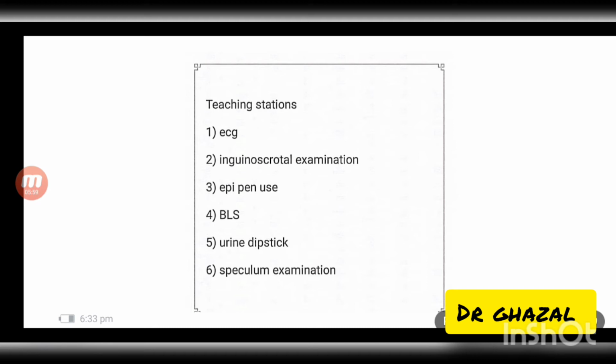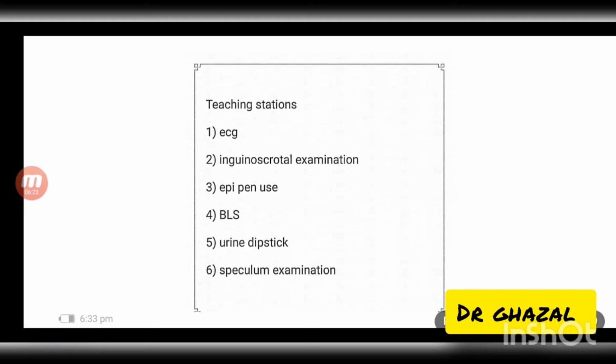And then number 3, there could be a scenario where a mother is there whose child had anaphylaxis and the child is in hospital. Now you have to tell the mother how to use an EpiPen if the patient has the same episode again in the house. And number 4, it will be basic life support, BLS. You will teach your junior how to do the BLS. And number 5, there will be a junior or nurse.